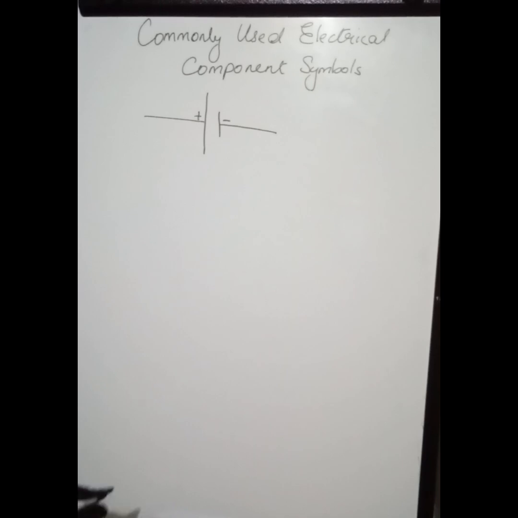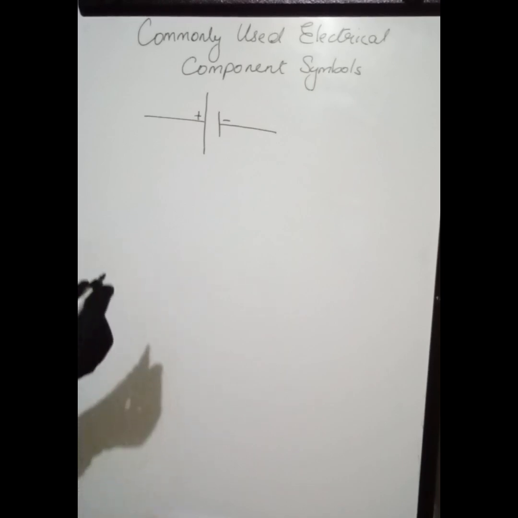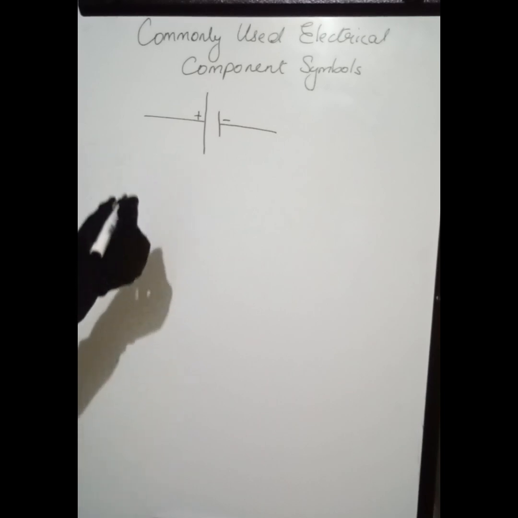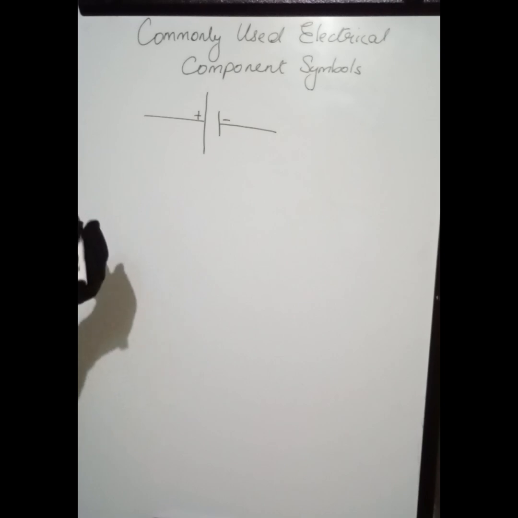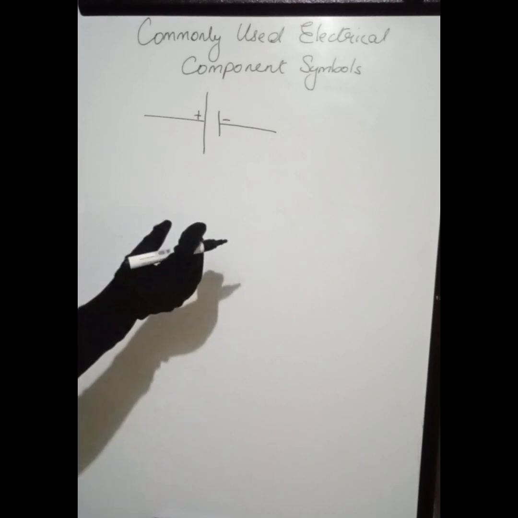So we all know a battery or a cell has two poles or two ends, which are positive and negative. Now how do you represent batteries or cells in a combination?